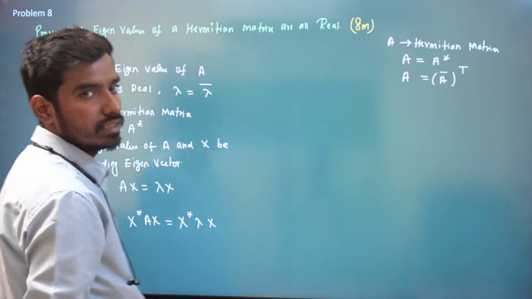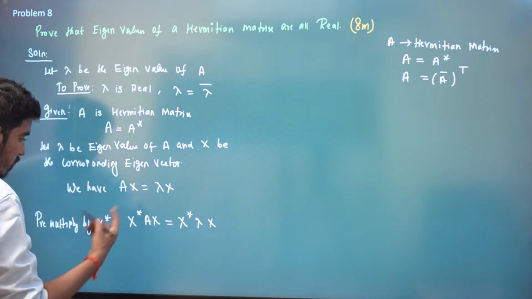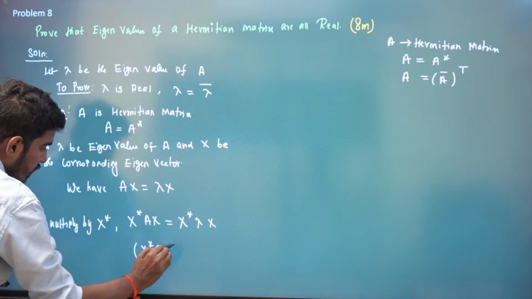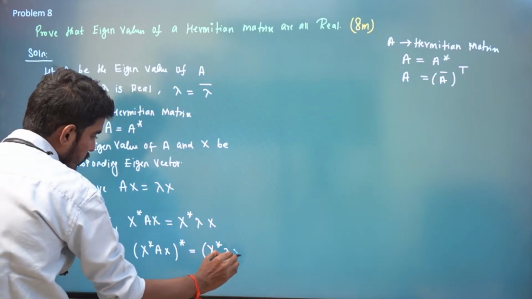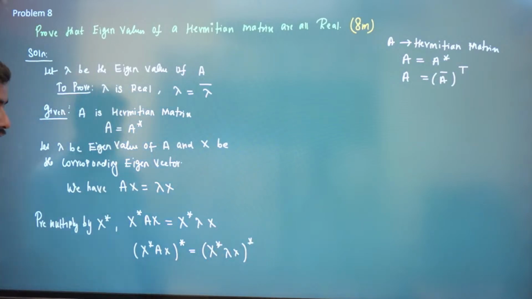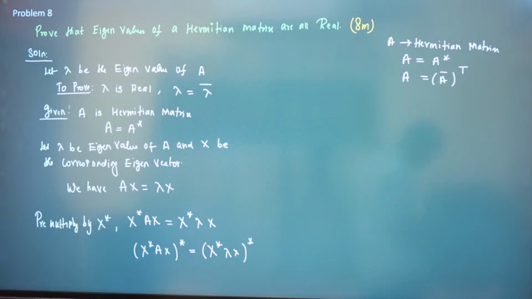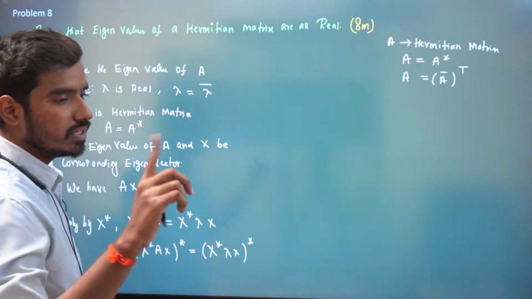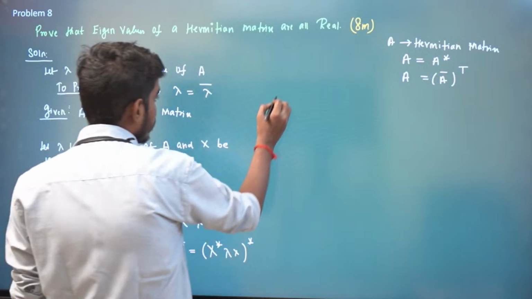See, whenever I put star, that is nothing but bar transpose. Now I'm taking star on both sides. So (x star Ax) whole star is equal to (x star lambda x) whole star. Is this clear? First I'm pre-multiplying by x star, and then I'm taking star on both sides. You can always compare star with the properties of transpose, right? (AB) transpose is B transpose A transpose.